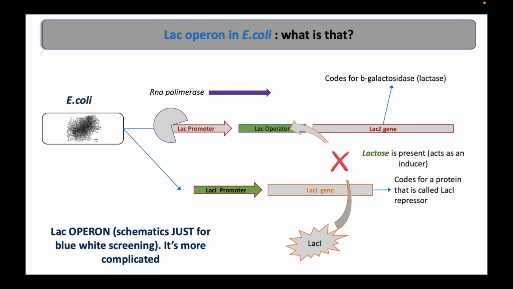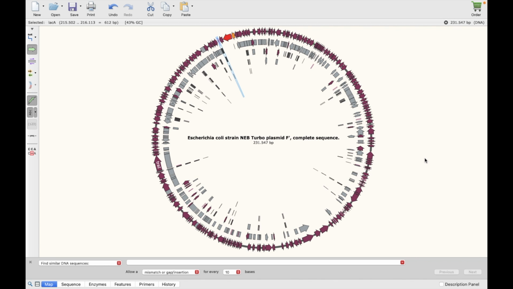So this is just a basic schematic of the Lac operon. Just for blue-white screening purposes, the Lac operon is more complicated, and let me just show you exactly base by base what genes it has. Alright, so for those of you that don't know, the program I'm using right now is called Snapgene.